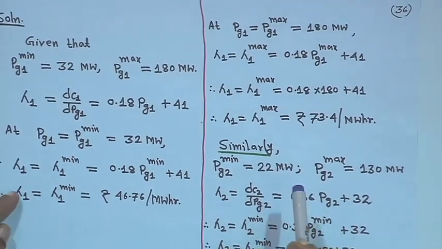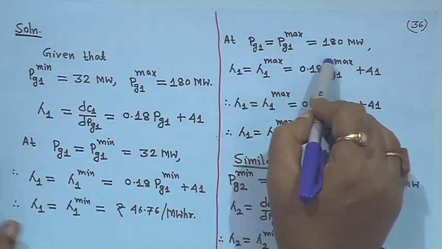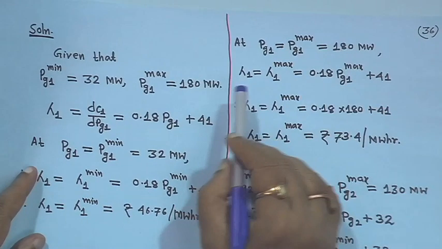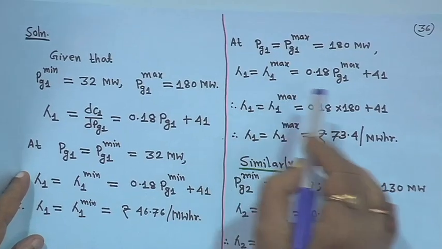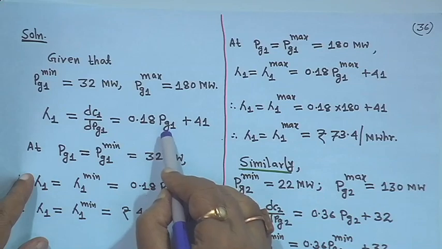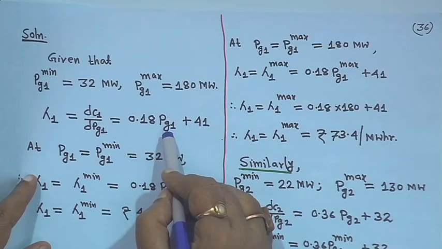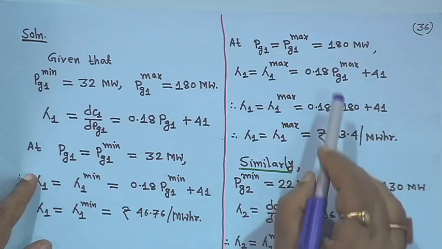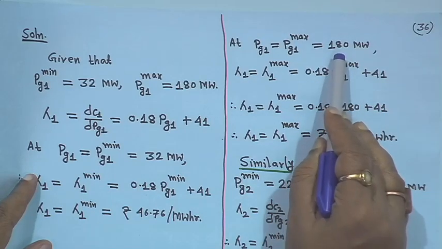Now the maximum value. When Pg1 is equal to Pg1 max, it is 180 megawatt. Therefore lambda 1 is equal to lambda 1 max, which is 0.18 Pg1 max plus 41, where you substitute Pg1 equal to Pg1 max, 180 megawatt.